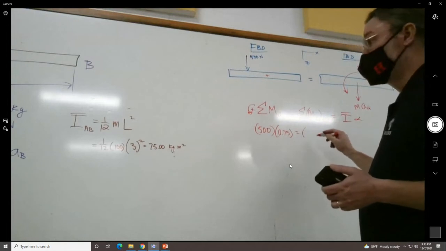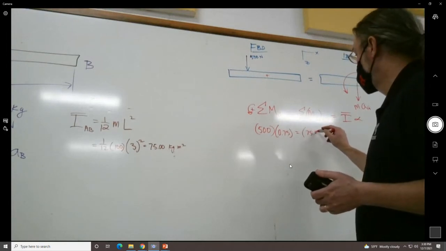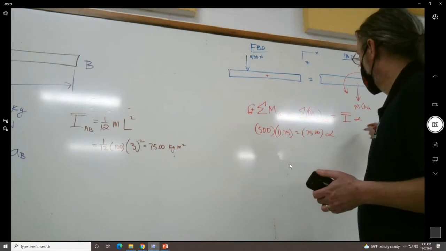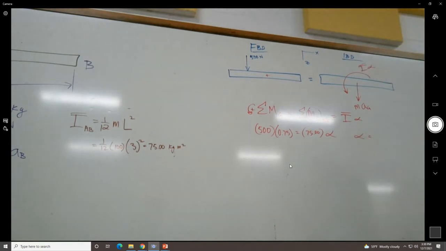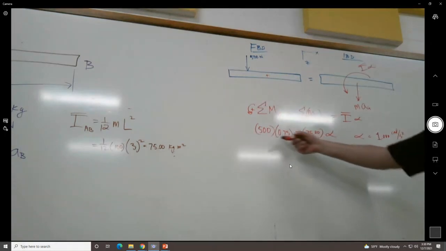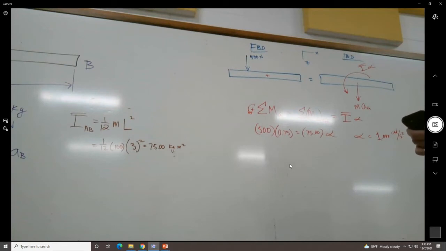And from here, you're going to be able to get 75, and you get alpha. So we'll be able to find alpha. So 500 times 0.15... Okay, 0.75 times 500.